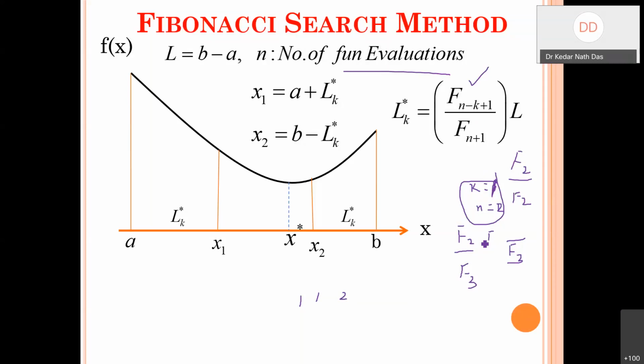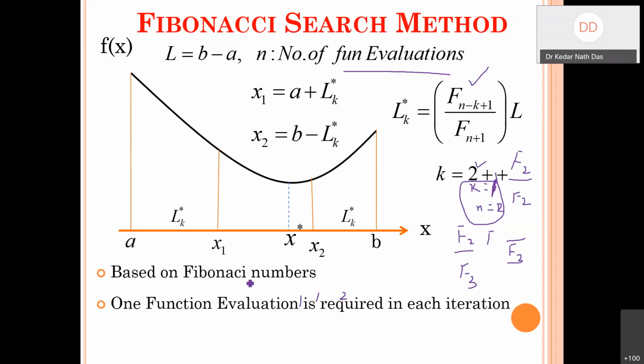Accordingly, you can have new LK stars every time, and a step length to jump from x1 to x2, x2 to x3, and so on. So k actually starts from 2, of course, because we can have an increment of 2 there, and then based on the Fibonacci numbers, you can manipulate all these values of x1, x2, and so on.